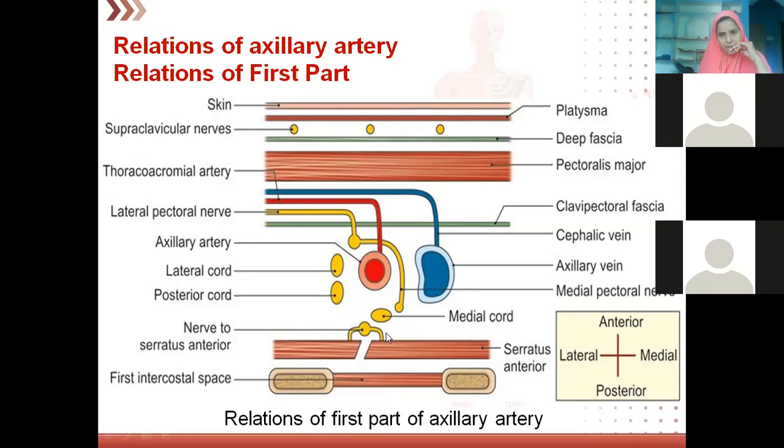Now by looking at this picture, what are the posterior relations of the first part of the axillary artery? Posteriorly we find the medial cord, the nerve to serratus anterior, the serratus anterior muscle, and the first intercostal space with the intercostal muscle.